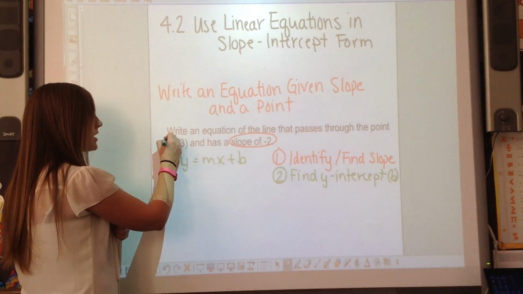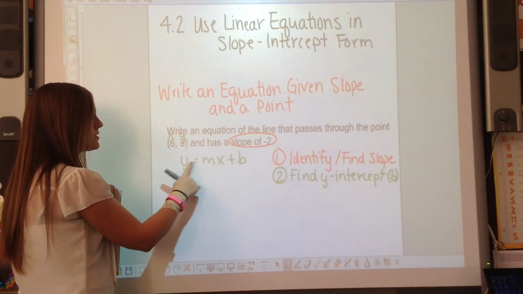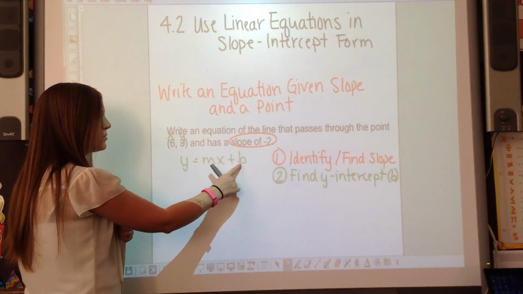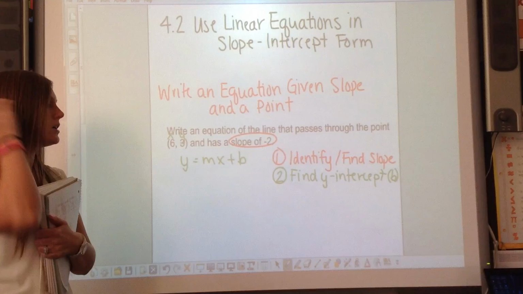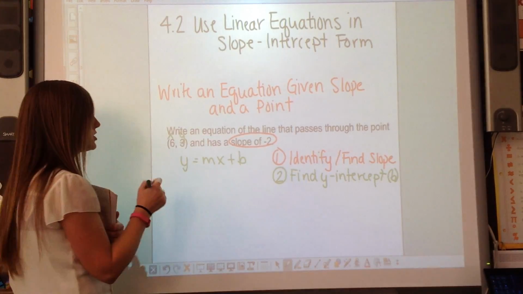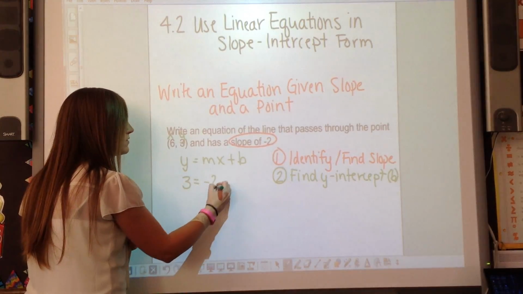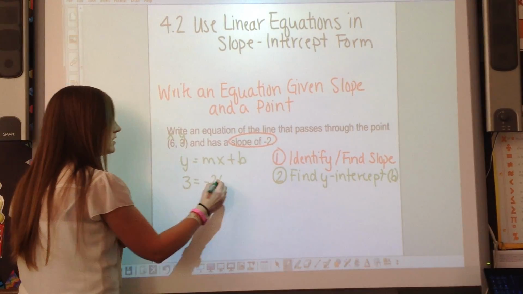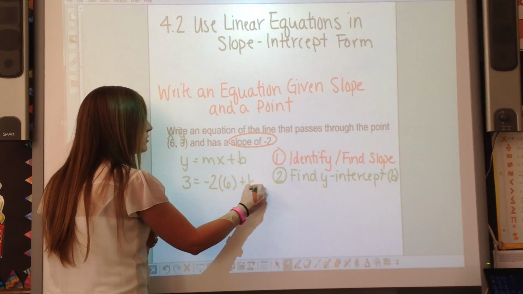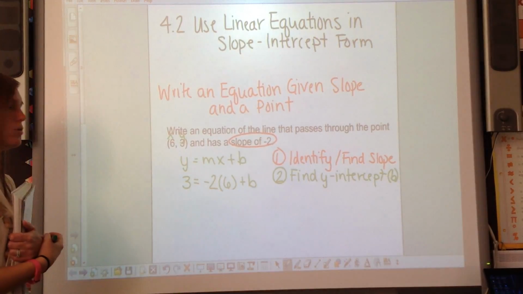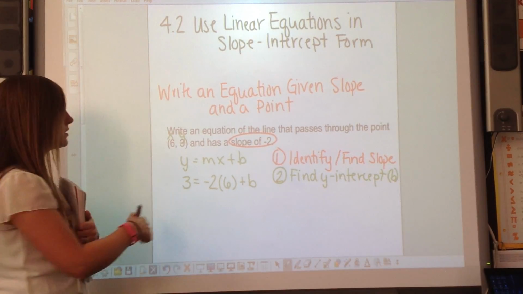They also give us an x and a y. So they give us enough information to fill in these variables so we can solve for b. So I'm going to fill in the information that they give us. The y is 3, the m is -2, the x is 6, and I'm going to solve for b. I'm using what I know to solve for b.